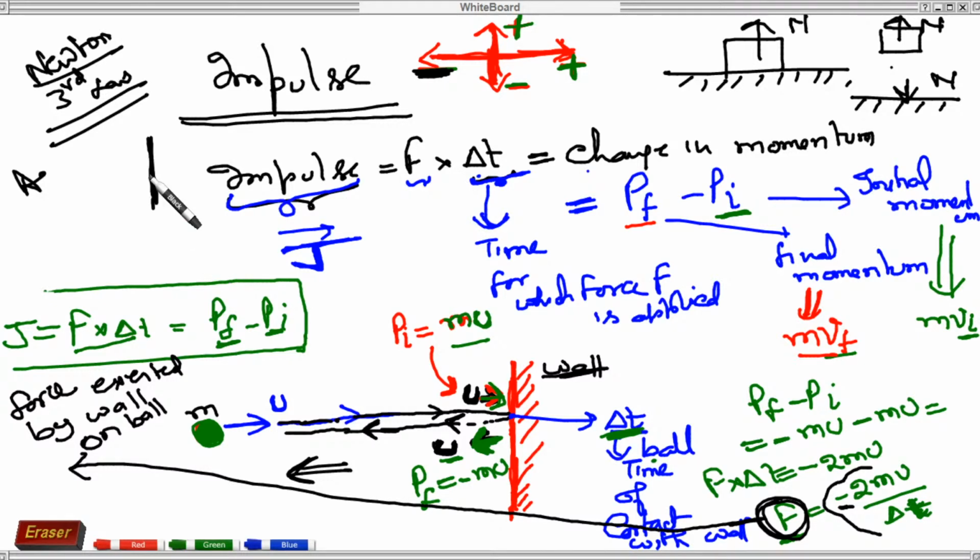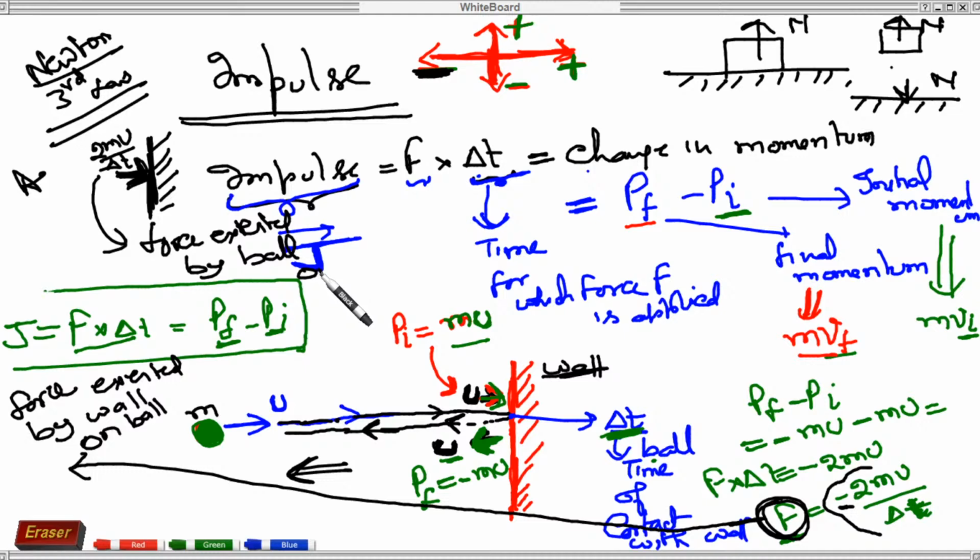In other words, this is the wall, and the force exerted by the ball is 2mu over delta t. There will be two forces, both with the same magnitude. Let me write it first: force exerted by ball on wall.